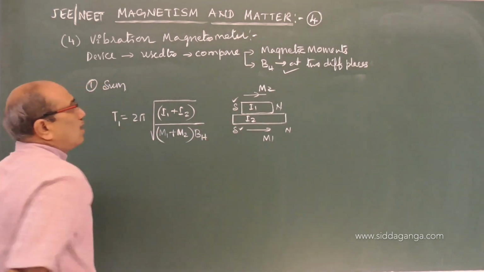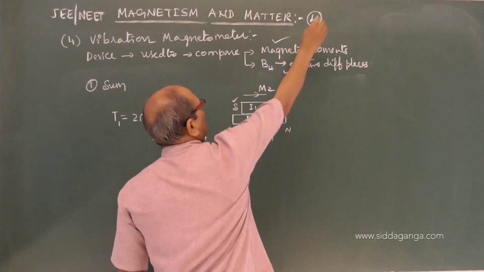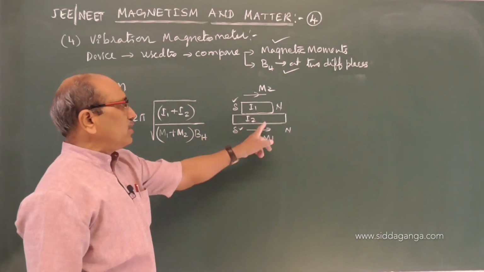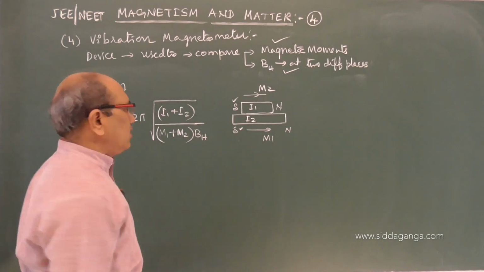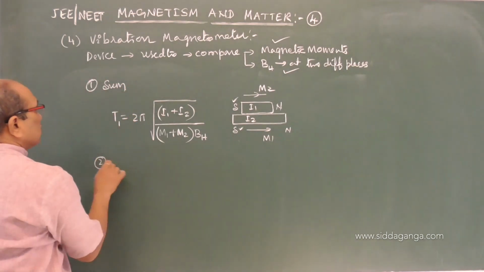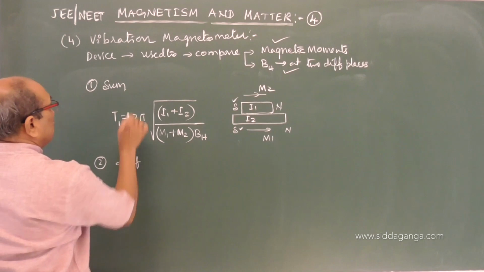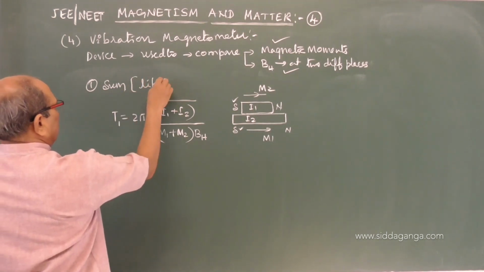To compare the magnetic moments of two bar magnets which are not identical and differ in length, the difference here is unlike poles together, whereas the sum method means like poles together.